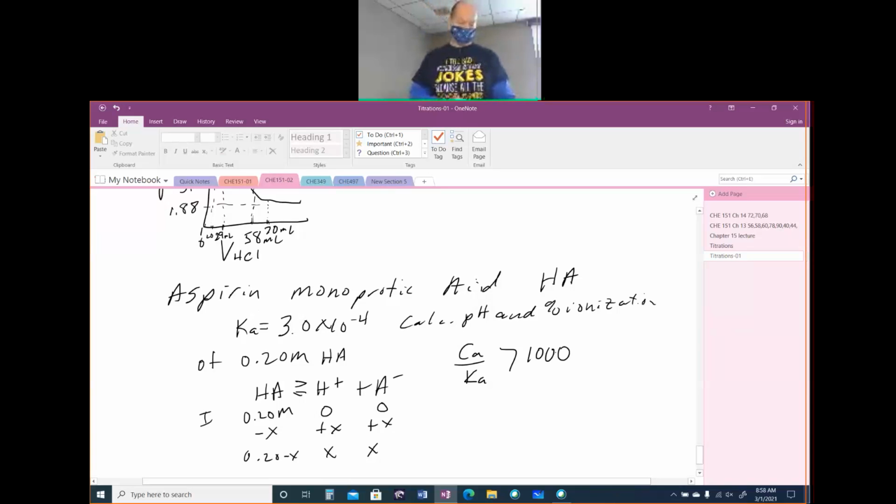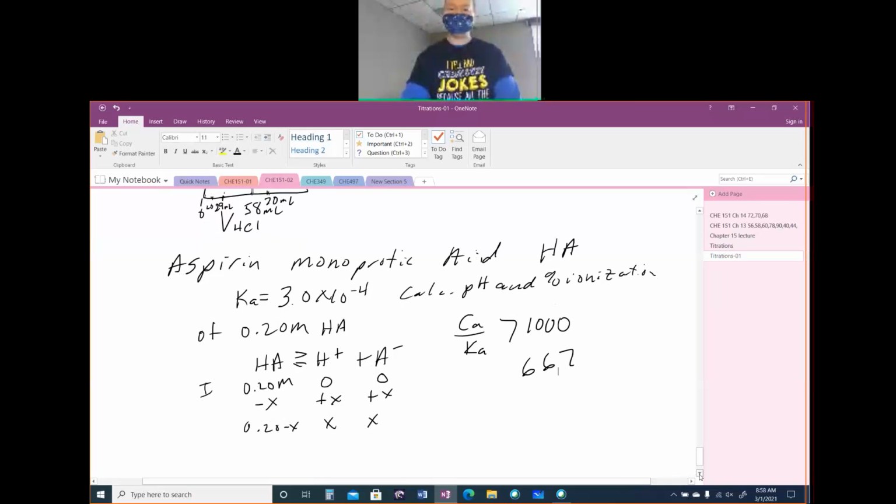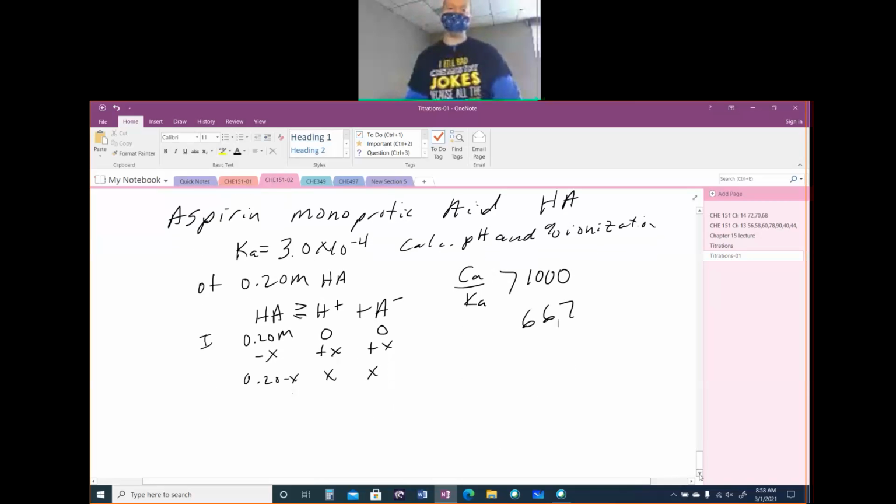So when you take your 0.2 and divide by your 3 times 10 to the negative 4, you get 666.7, repeating. That is not greater than 1,000. So you cannot just neglect the x, and that's your answer. So you have your choice. You can do the quadratic, or you can do successive approximations.